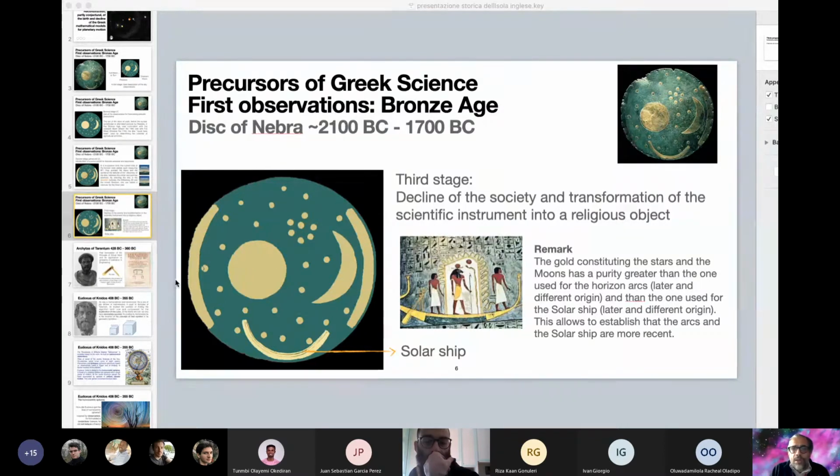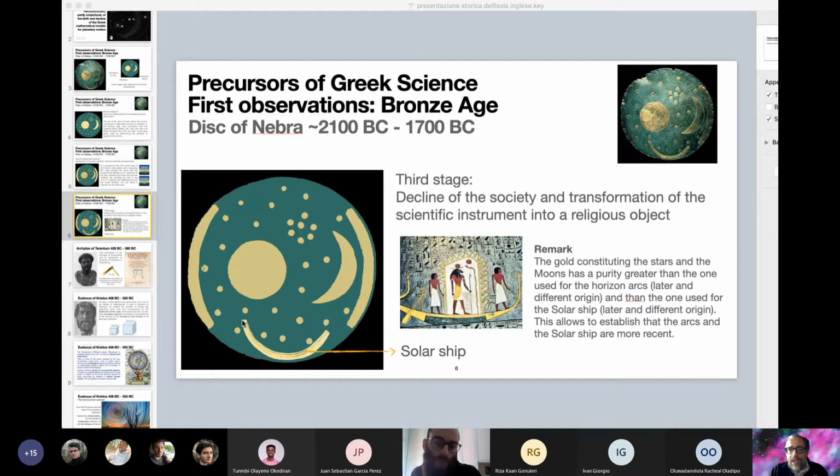So soon the use of this object became impossible because they did not know the meaning of this disk, so that, as the tradition was telling that this disk was very important, they transformed it into a magic tool.